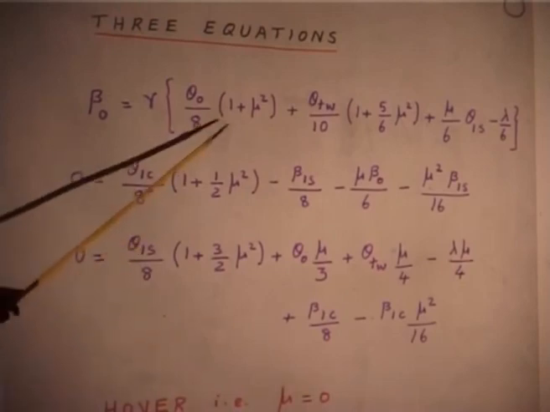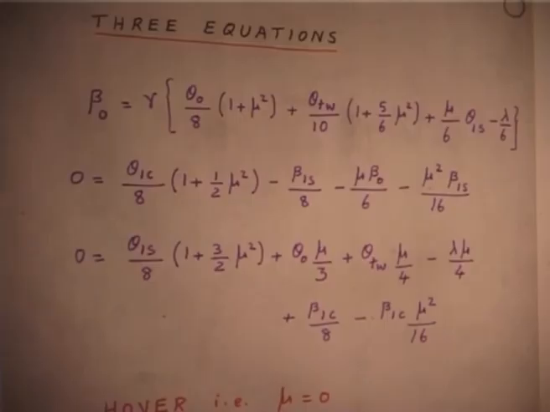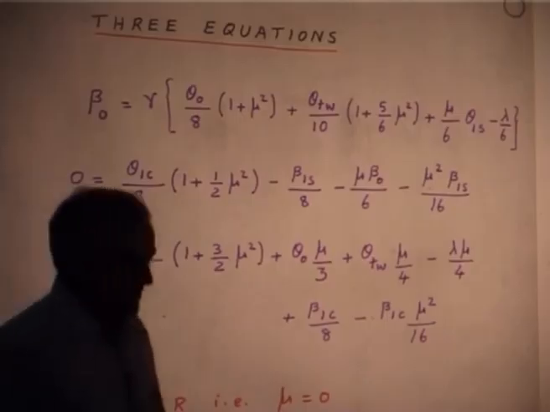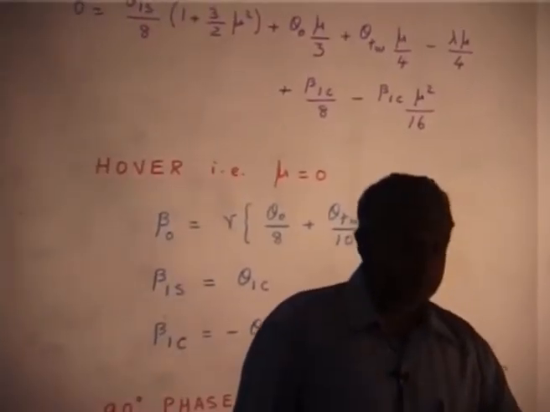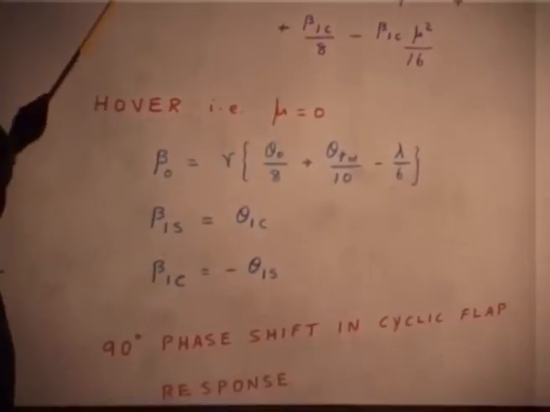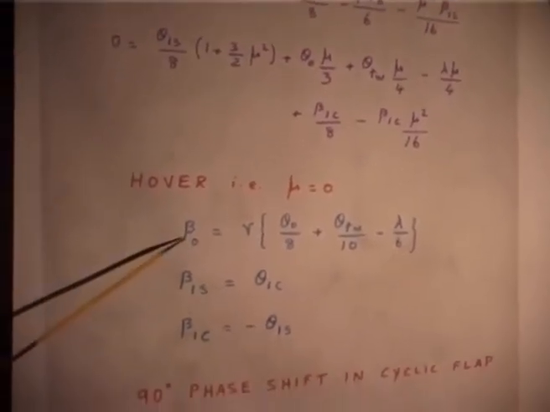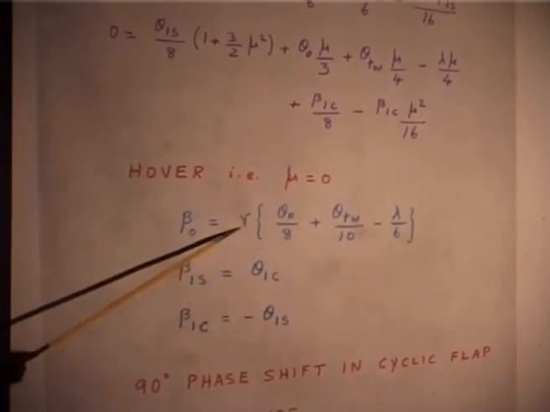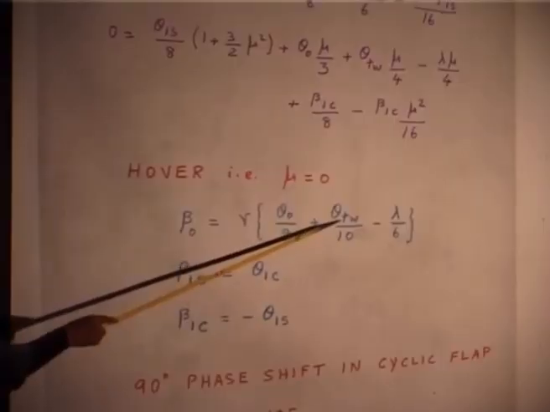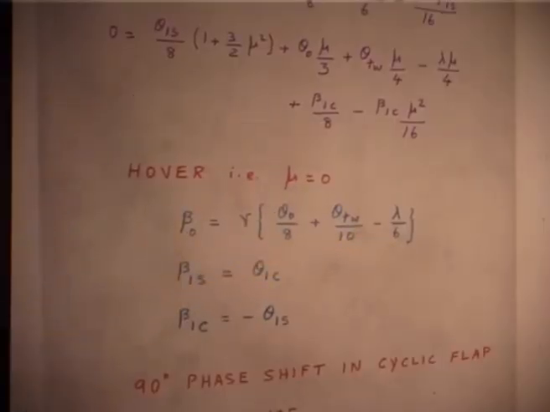If I set mu equals 0, just because I am hovering, this is what I will have from these 3 equations. I can get what is the beta naught, okay. Beta naught is given by gamma, theta naught over 8, some twist, lambda by 6.